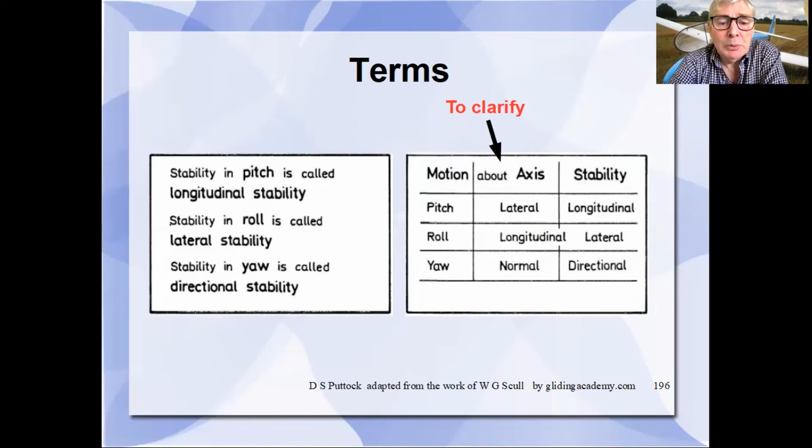In pitch, when we're talking about motion, we would be talking about the lateral axis. In roll, we would be talking about the longitudinal axis, and in yaw, we would be talking about the normal axis. And remember that these axes are irrespective of the position of the Earth. It doesn't matter if the glider is climbing, upside down, or pointing downwards, the axes are all in relation to the aircraft itself.